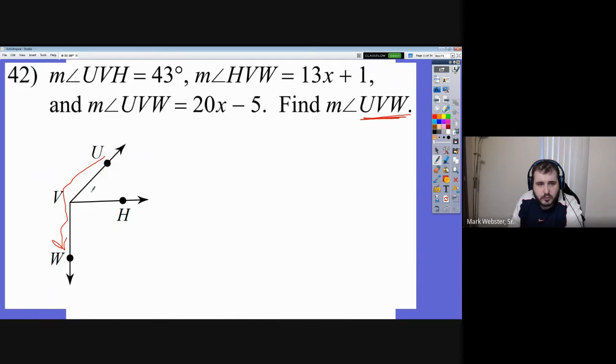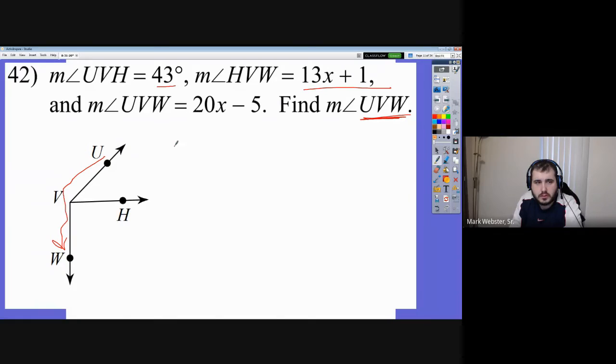Let's take the two parts, UVH and HVW, add them together, set it equal. Combine like terms.